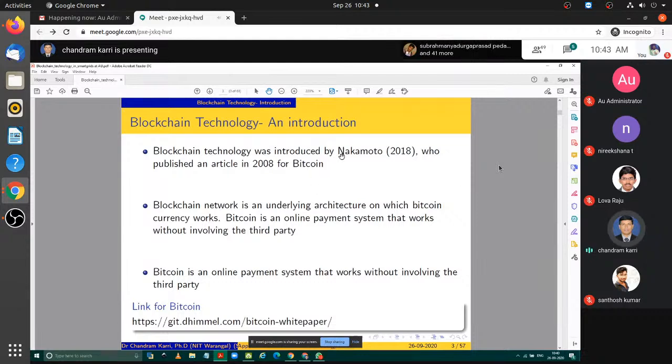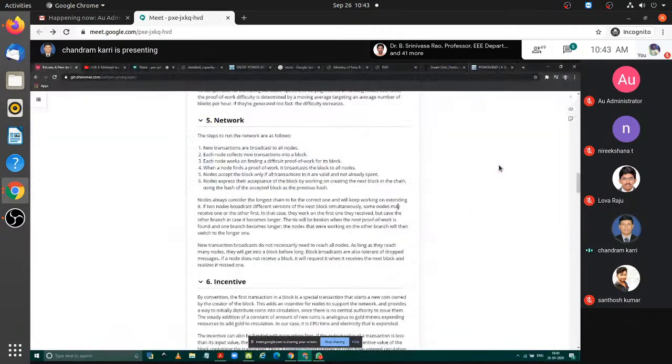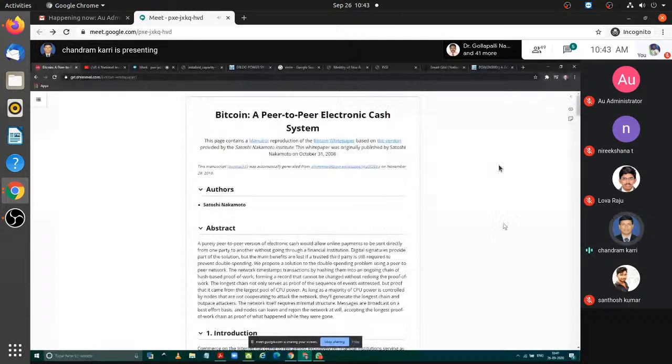So this scholar, his name is Nakamoto, initially published one paper about Bitcoin in 2008. The same is again reproduced in the form of blockchain technology in 2018. So before going to understand blockchain technology, let us see what Bitcoin is in a simple manner. This is the article published by Nakamoto in 2008. It's Bitcoin, peer-to-peer electronic cash transfer.